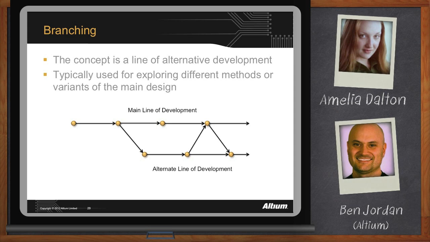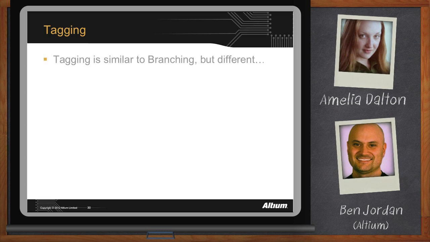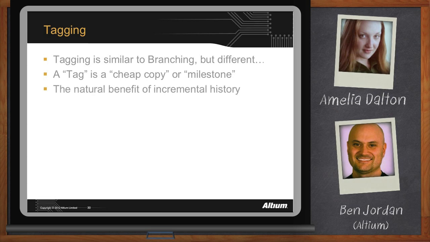That's a great question, and a similar concept to branching, which is called tagging, addresses that scenario. So basically what this means is you can make a tag, or it's sometimes called a cheap copy or milestone, of the particular revision that's of interest during the development cycle.